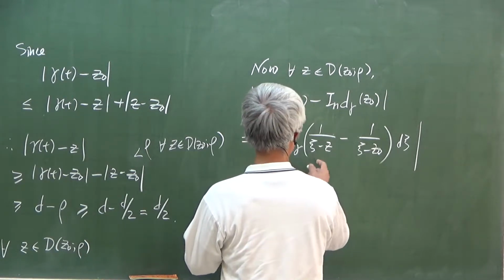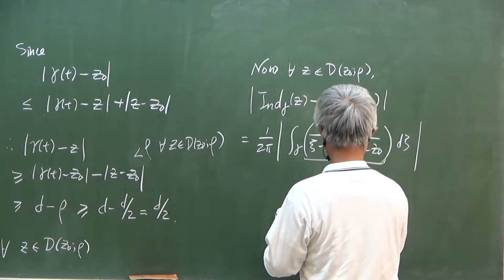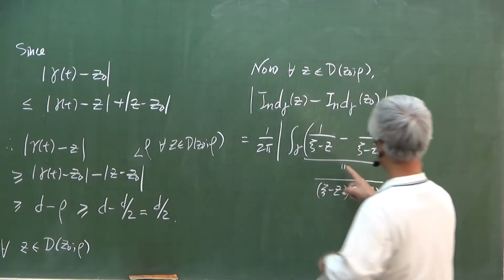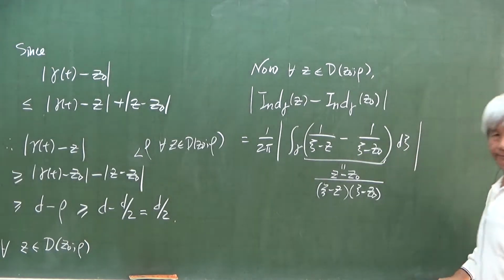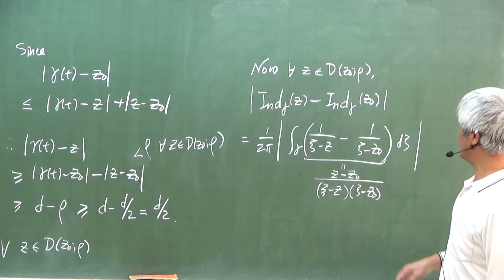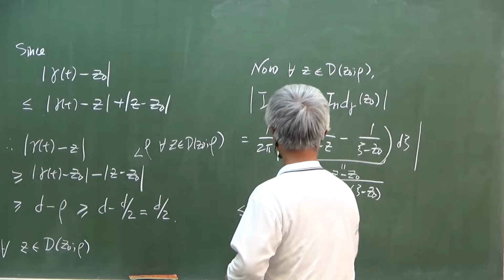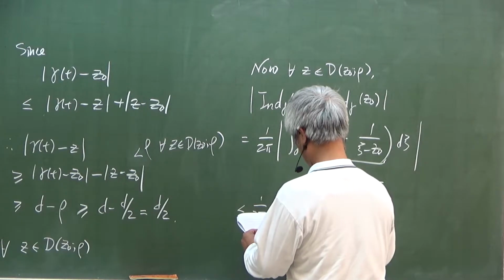Okay, and so the calculation we have z minus z0. So this is the difference. And so when we take the x value, we know this is equal to alpha to beta.